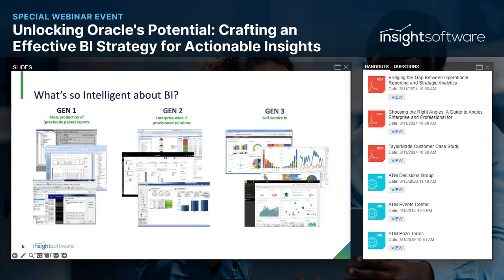Now, with our third generation of BI, which is where we are now, this is widely known as self-service BI, as it seeks to break down the bottlenecks created by many of the Gen 2 solutions that relied heavily on IT services to deliver insights.